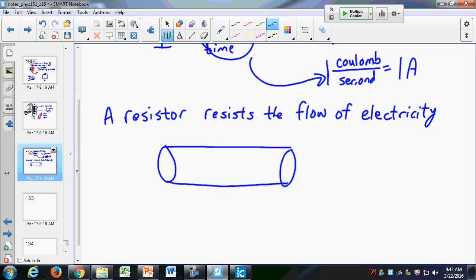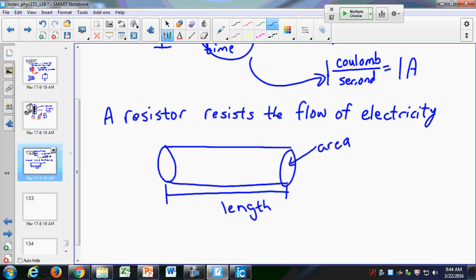So we can think of it as a pipe, like water might flow through. A pipe has a couple dimensions that we can think about. It has the area, the cross-sectional area of the end, and then it also has the length.